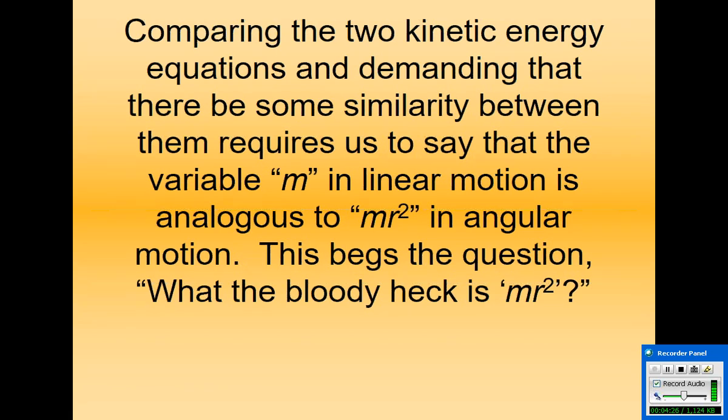If I change the value of r and if I change the value of m, it starts getting more complicated. So we only have the expression for that little piece of mass. What we want is an expression for the entire rotating object.